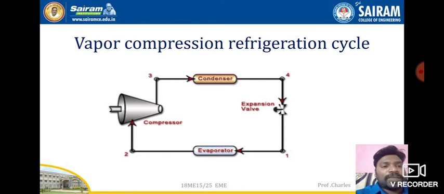After the expansion valve, it moves on to the evaporator. The evaporator is the heart of the refrigerator because this is the place where the cooling effect takes place. The evaporator is where heat is extracted from the surroundings.